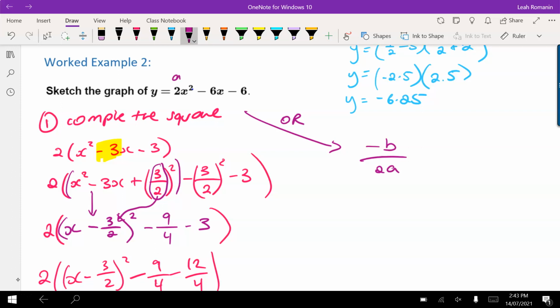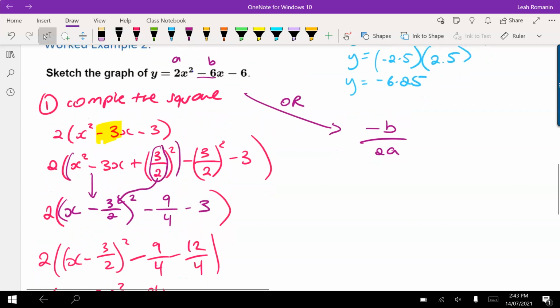So a is obviously the 2, and b is negative 6. This is to find the x-coordinate, by the way. So substituting those in.